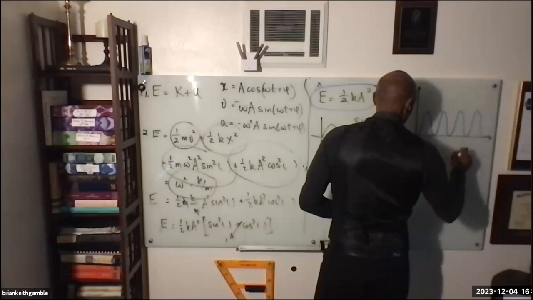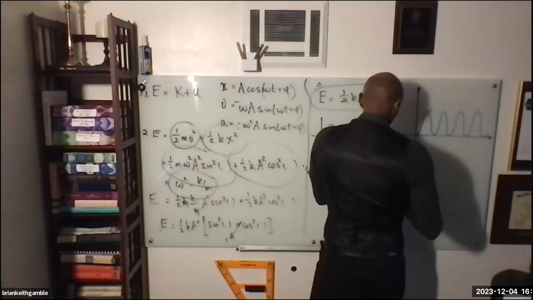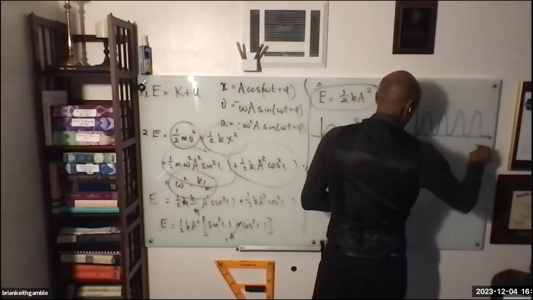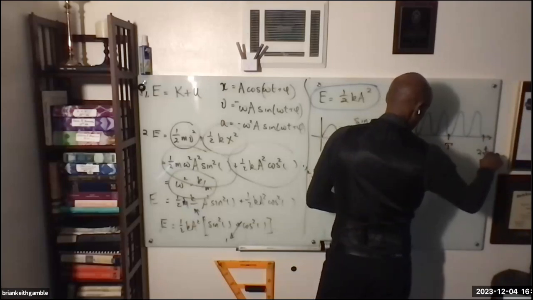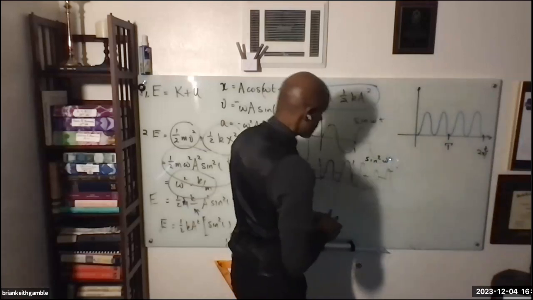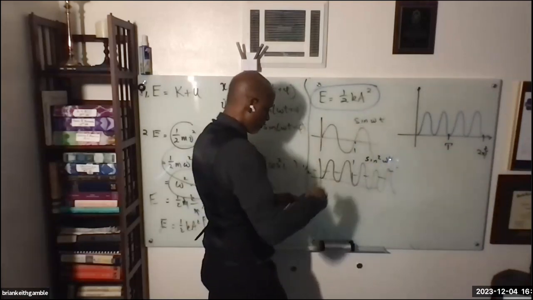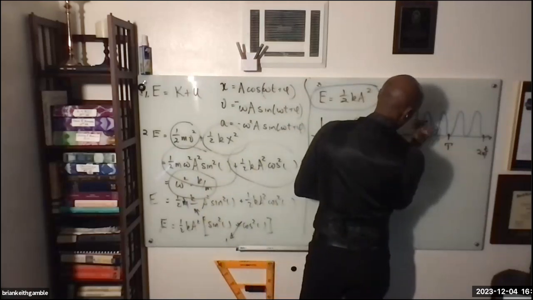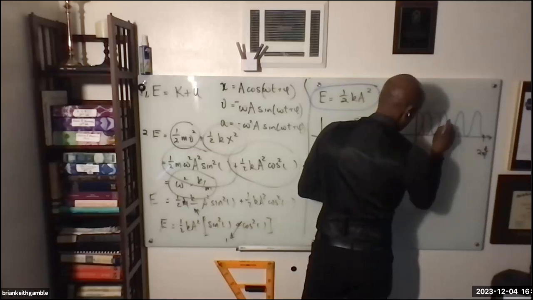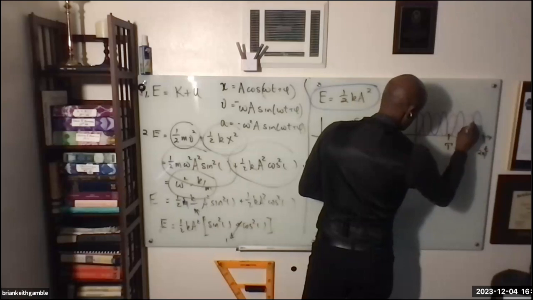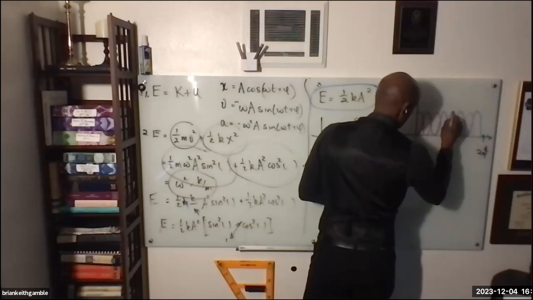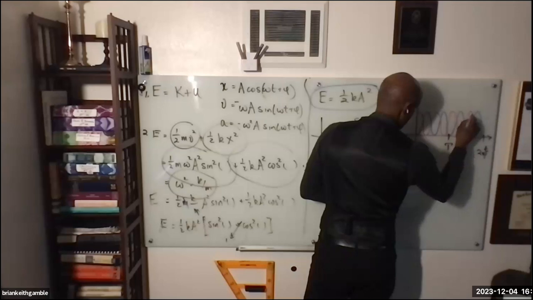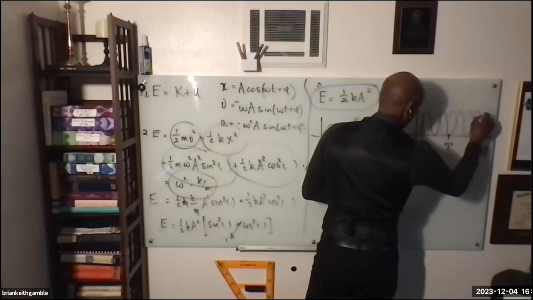Just to get some perspective, if I'm graphing time on the x-axis, here's 1 period, and then this is the second period, 2T here. So cosine squared is going to be a maximum at 0. So we'll do red with cosine. Cosine squared is going to be right, and they're going to be out of phase, right? Sorry, I should have gone all the way up to the top, because otherwise it implies the energy was lost.